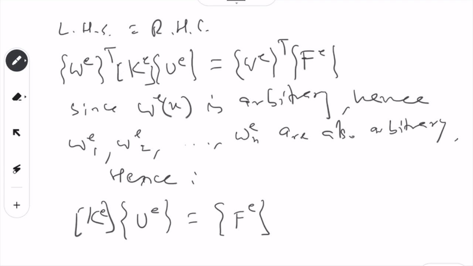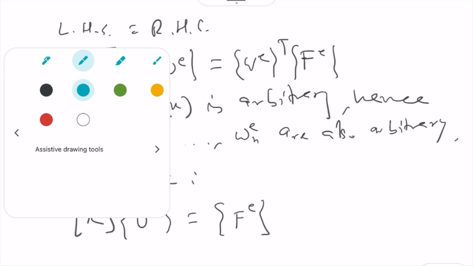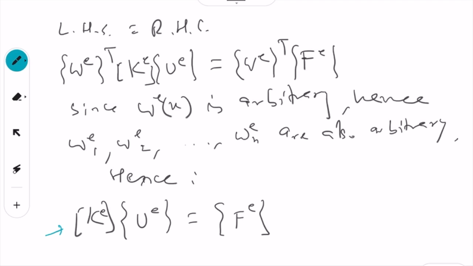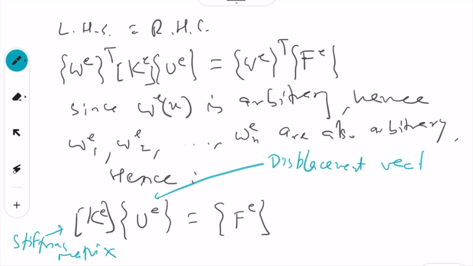Now we know what you mean by the force vector, and what you mean by the stiffness matrix, and this is the displacement vector. So we have the stiffness matrix, we have this displacement vector, and we have this force vector.